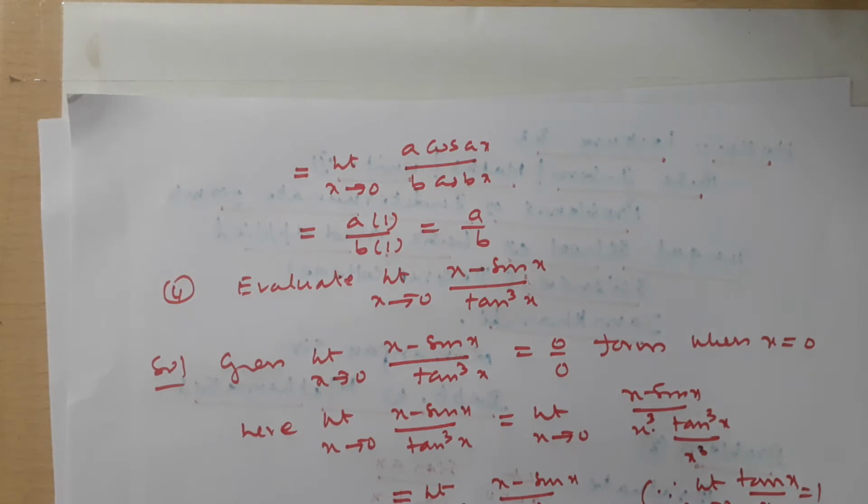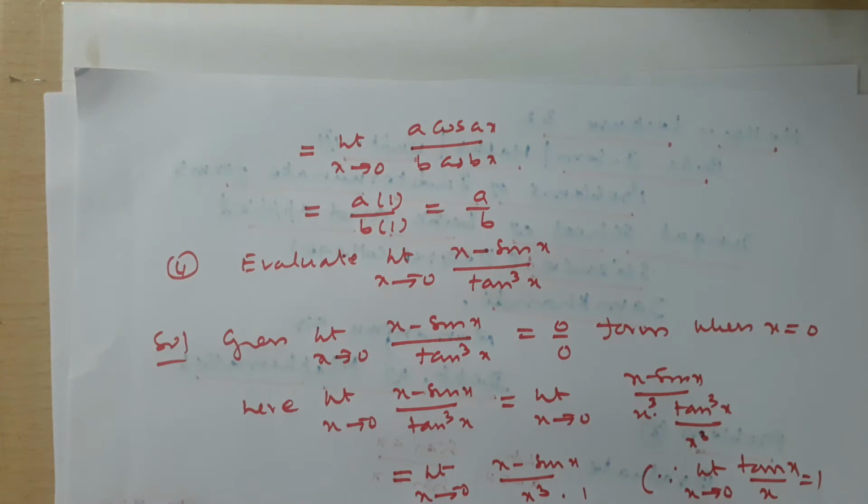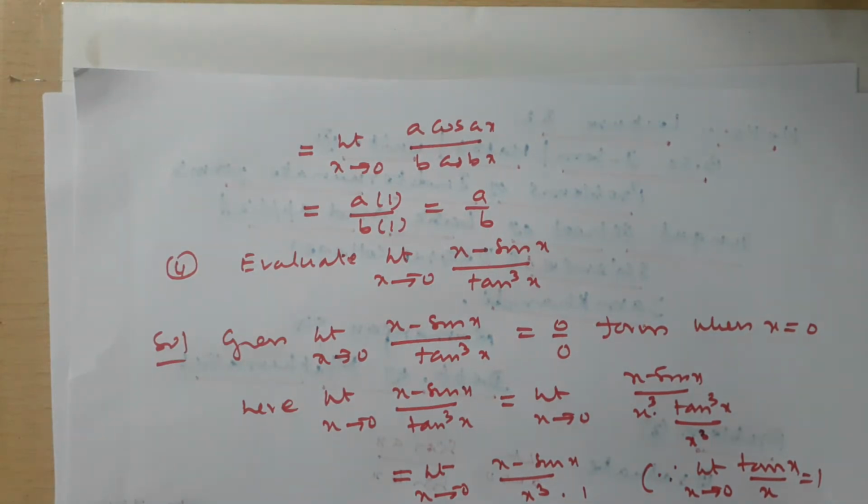Similarly, limit x tends to 0 tan cube x divided by x cube is equal to limit x tends to 0 of tan x by x whole cube.